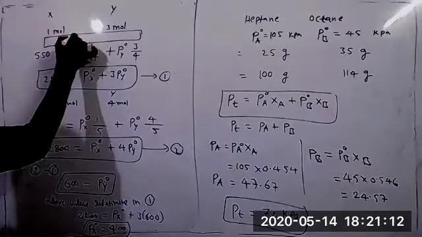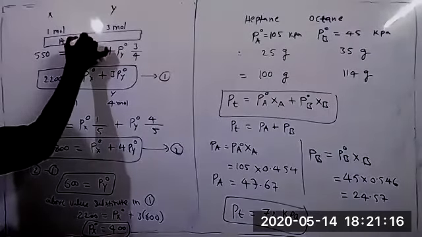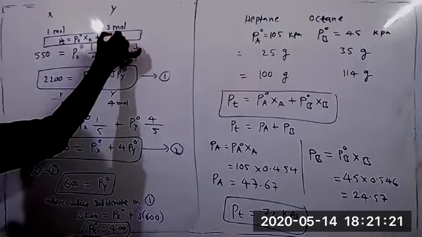P total is equal to Px power 0 into mole fraction of X plus Py power 0 into mole fraction of Y.